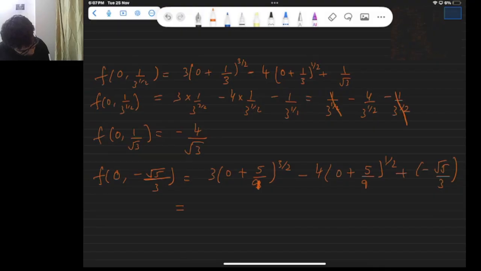So this will be 5 to the power 3 by 2, and this will be, so the square root of 9 is 3 and cube of 3, so 3 cube, and this will give me 3 square, and this will become again root 5 upon 3.